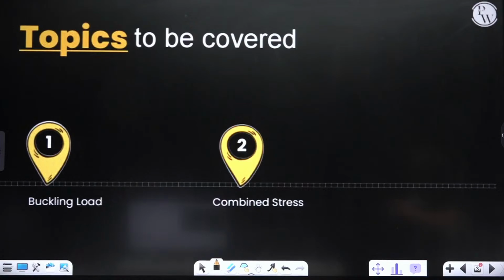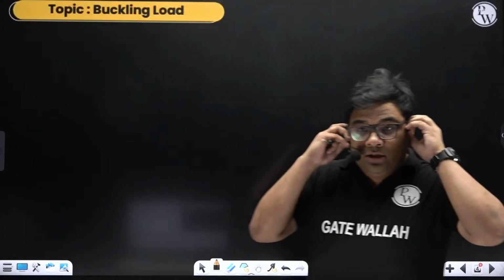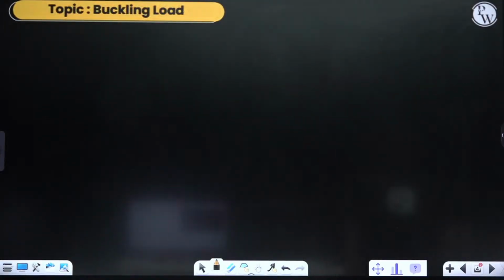We'll start the class with buckling load. In columns, the most important topic is Euler's buckling load, and we will be seeing this.